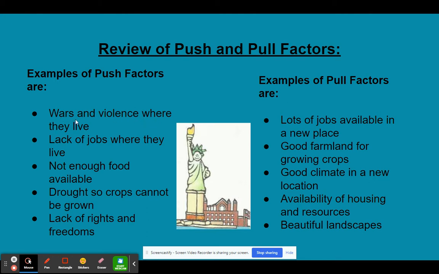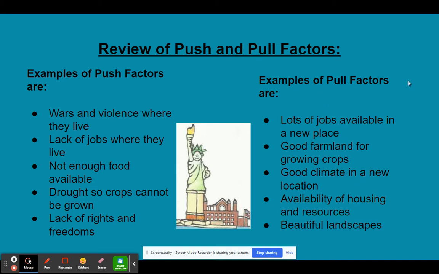There might be wars and violence there. There might be a lack of jobs there. There might be not enough food available or a drought happening, which means there's no rainfall and no crops can grow. People there might feel that they do not have rights or freedoms that they should have. And all of those things likely would push people away from wanting to live where they live. So those are called push factors.